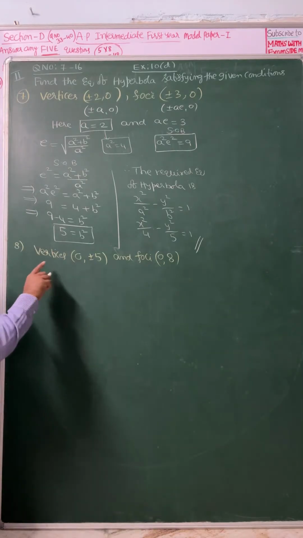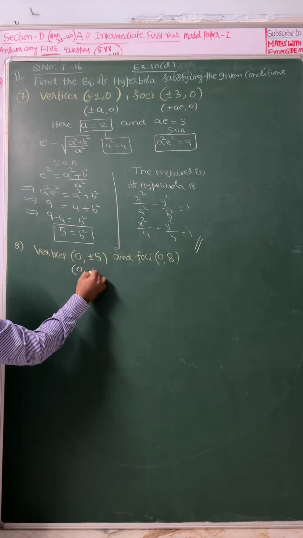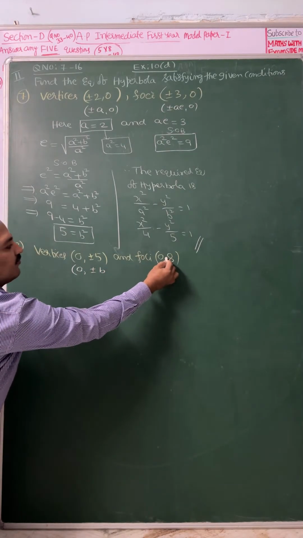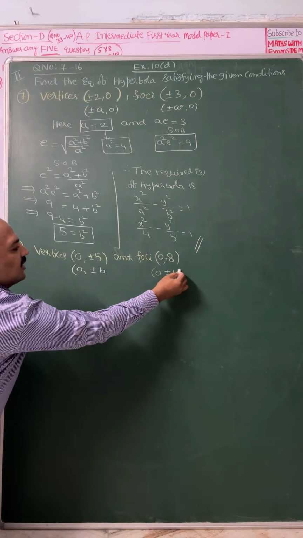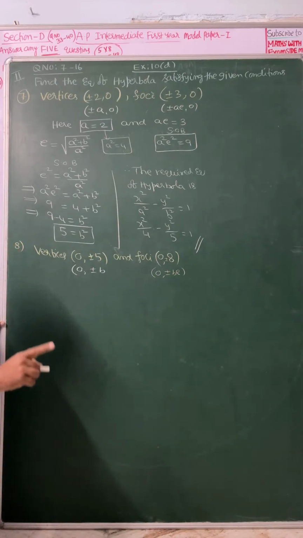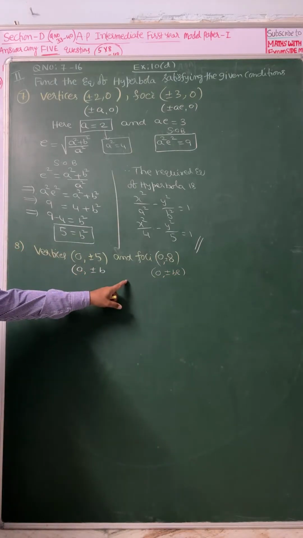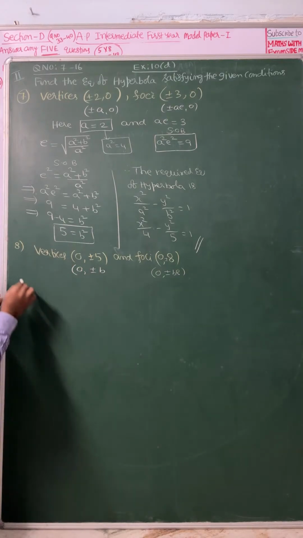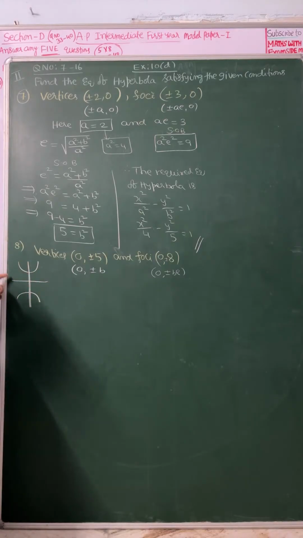See, vertices compared with 0, comma plus or minus b, and foci compared with 0, comma plus or minus b. Whenever vertices and foci have x coordinate 0, this type of hyperbola it will be. That means conjugate hyperbola.